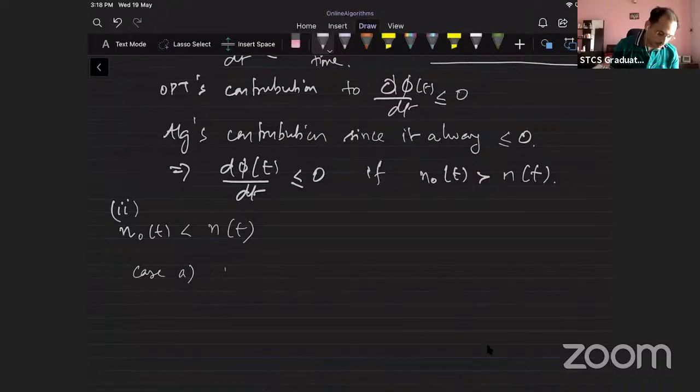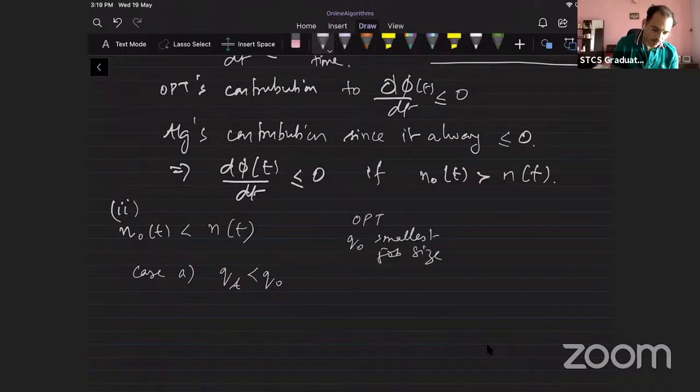So case A is QA less than or equal to Q0. Remember, for the OPT, Q0 is the smallest job size, and for the algorithm QA is the smallest job size.